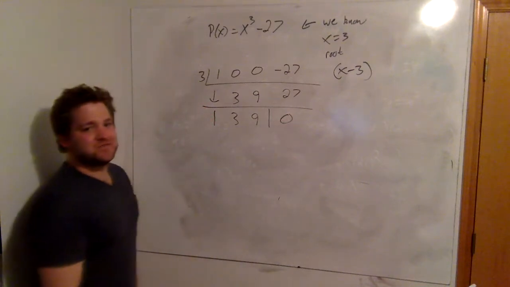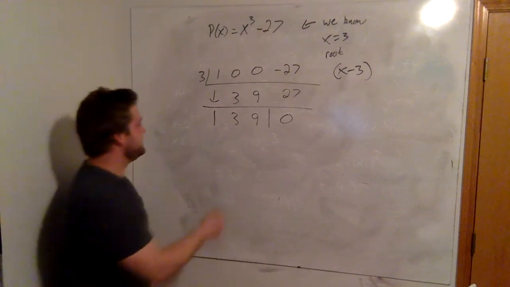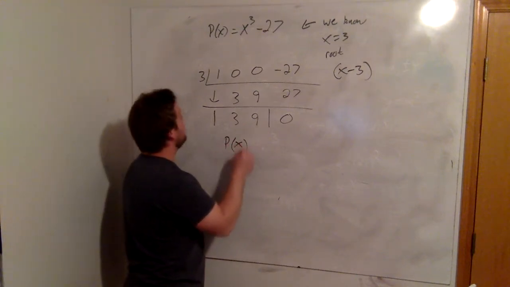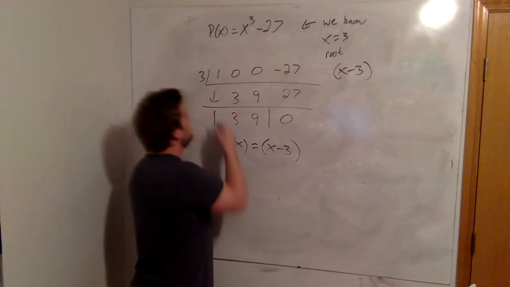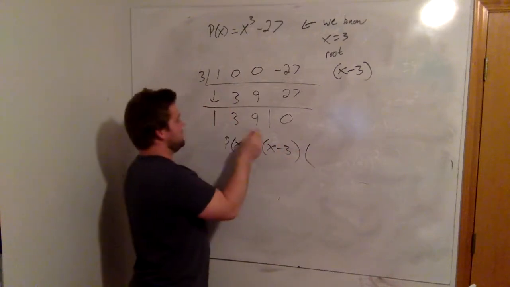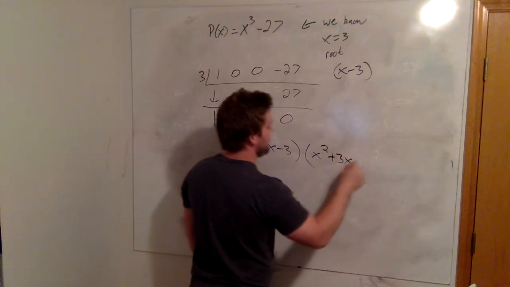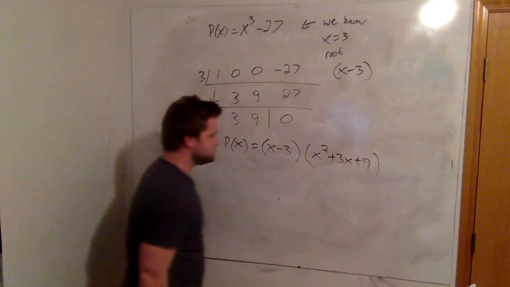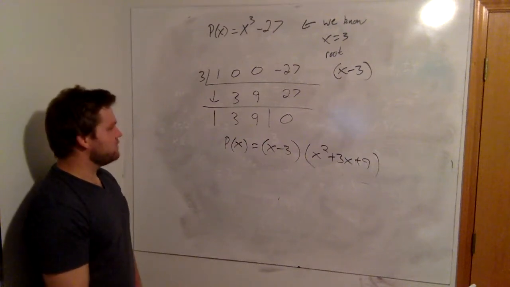We get a remainder of 0. Beautiful. This is fun. Okay, so let's factor this polynomial. I know that x minus 3 is a factor, and the other factor would be x squared plus 3x plus 9. I love just breaking these down.